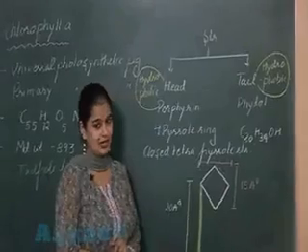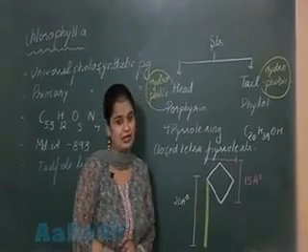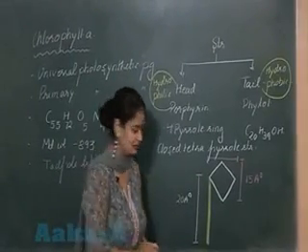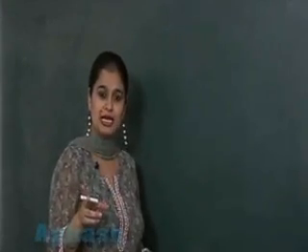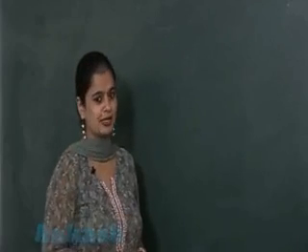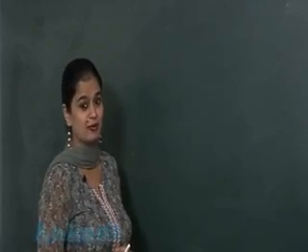Yes. So let's try to understand now structure of chlorophyll A a little bit in more detail. Structure of chlorophyll A consists of 4 pyrrole rings. तो head के अंदर 4 pyrrole rings present है.